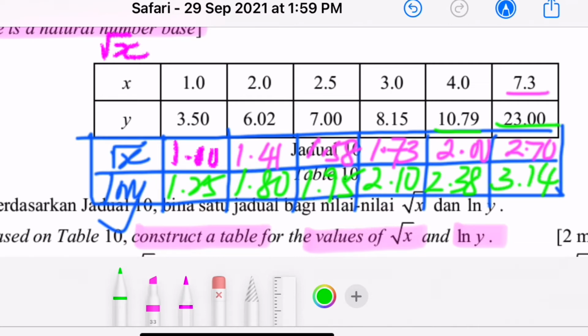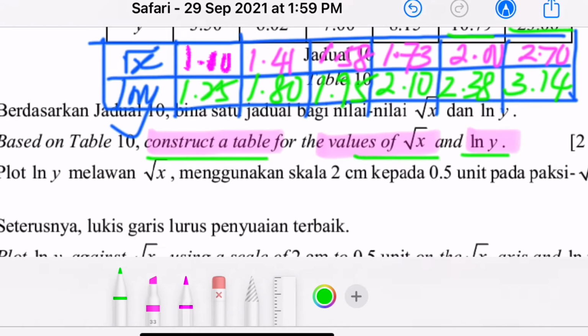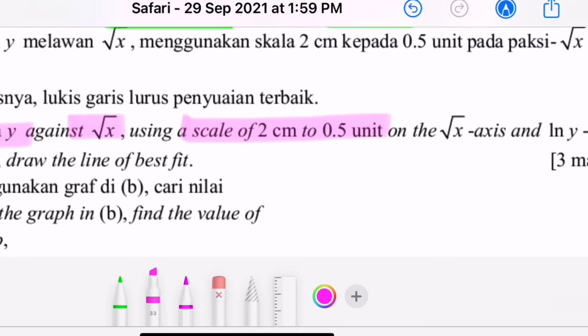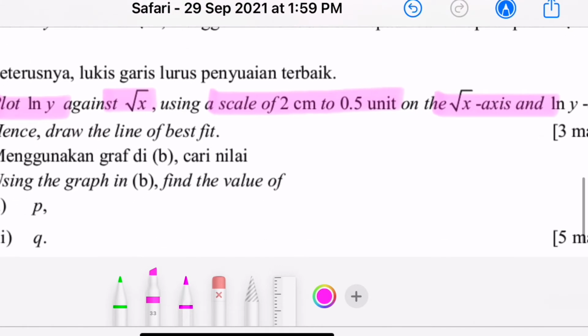Okay, we need to plot the graph based on the new table that we just constructed, square root x and ln y. Now we have to follow the scale given. Plot ln y against square root x using the scale of 2 cm to 0.5 unit on both the square root x and ln y axes. Hence, draw the line of best fit.